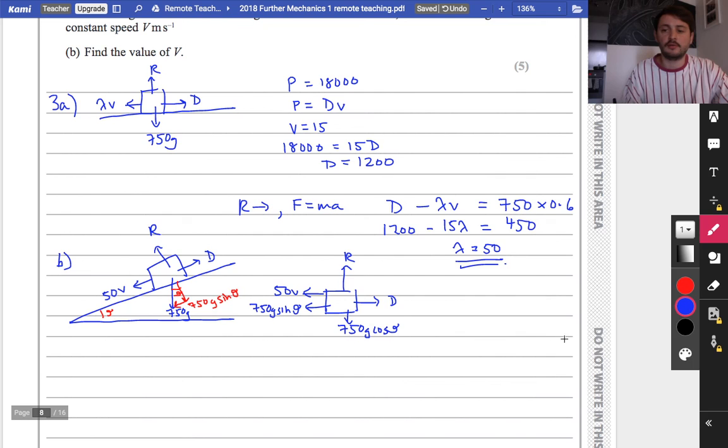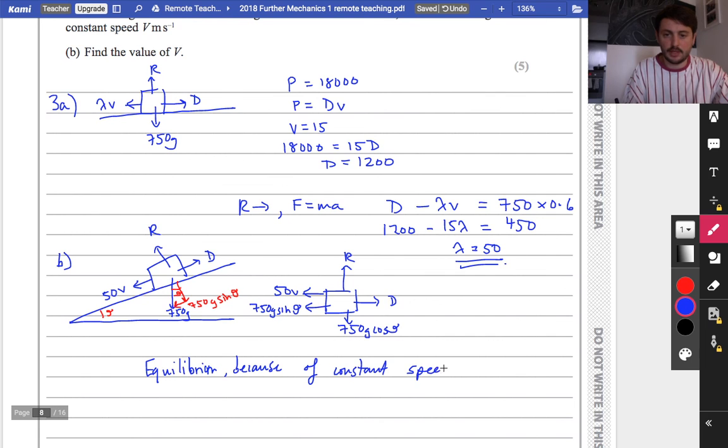Now, because it has constant speed, we know that it is in equilibrium. In other words, we know that D equals 50v plus 750g sine theta.